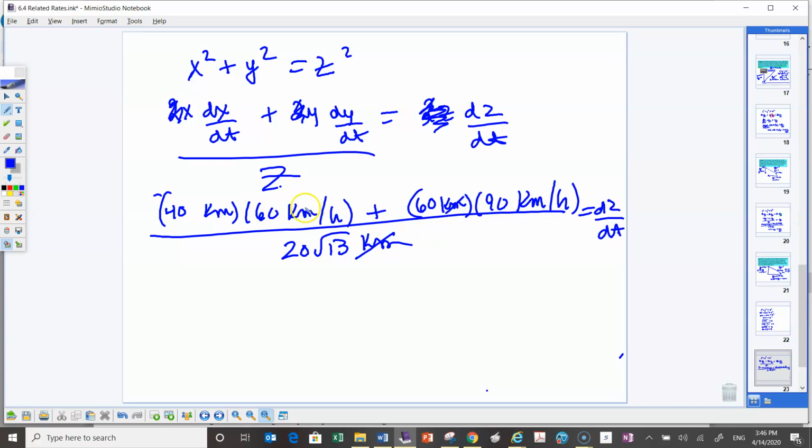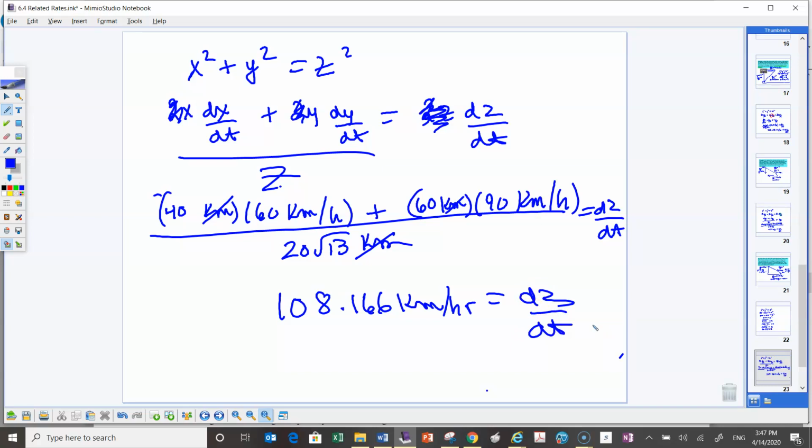Again, my kilometers cancel out. If I work this out, 60 times 40 is 2400 plus 5400 is 7800, divided by 20 root 13. And this works out to be 108.166 kilometers per hour, which is dz/dt.